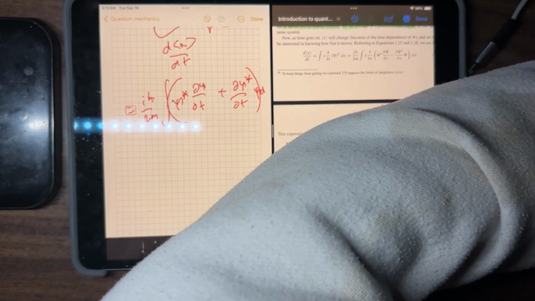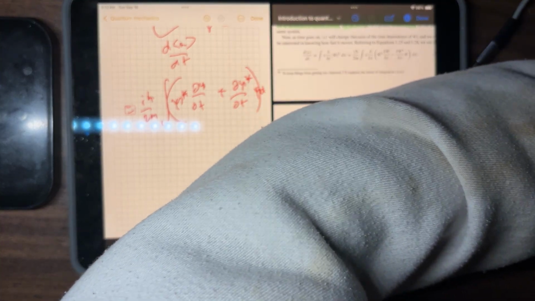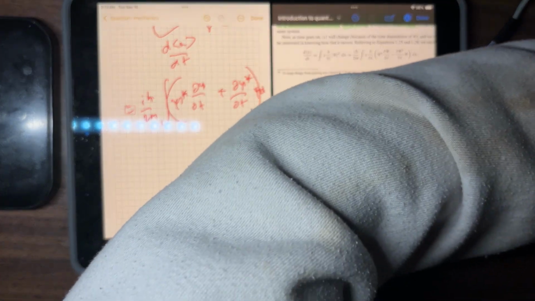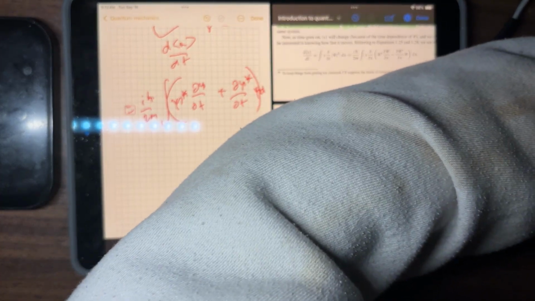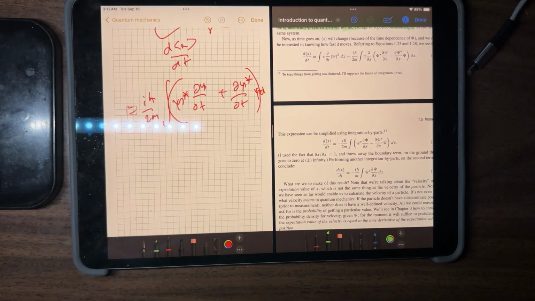How did they get the negative part from positive and differentiating the expectation value of x?